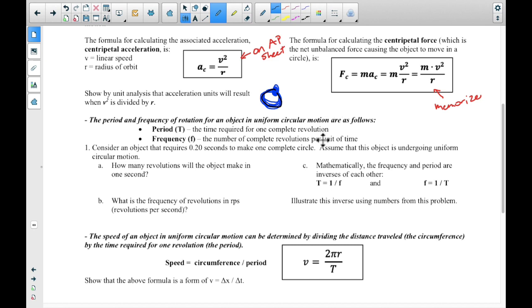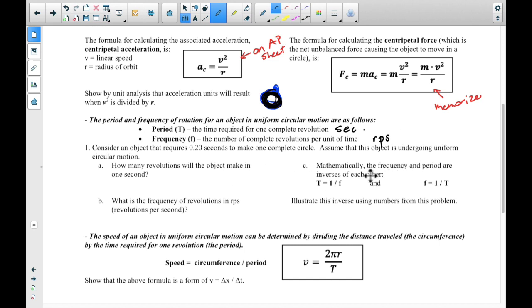That is the period, and it is measured in time, in seconds. The frequency is how many revolutions per unit of time. So it's revolutions per second. Depending on what it is you're moving, it might be going super fast, and maybe it goes 33 revolutions per second. Or maybe it's going really slow, and it's only going, I don't know, 1 revolution per second, or a half a revolution per second.